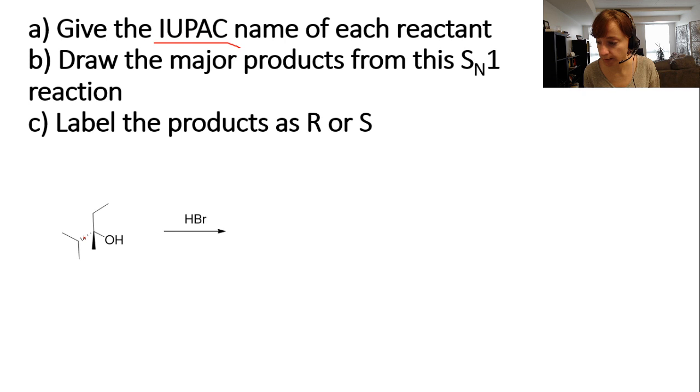In this case, it may be tempting to start here as number 1, but that wouldn't give us the most substituted, least numbered chain, because if we started here, 1, 2 has no substituents, whereas if we started here, 1, 2, it already has a methyl group to think about. So we're going to start there.